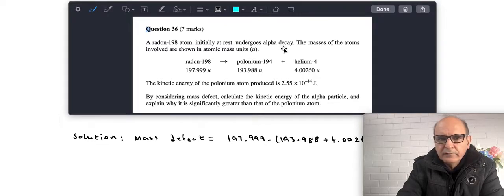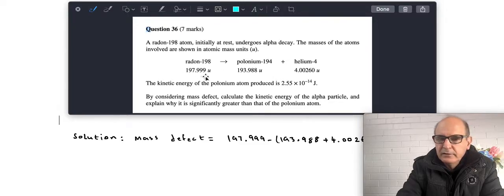The masses of the atoms involved are shown in atomic mass units, u. So here we have radon 198, which undergoes alpha decay and splits into an atom of helium, or more accurately, a nucleus of helium, which is an alpha particle, and polonium 194.